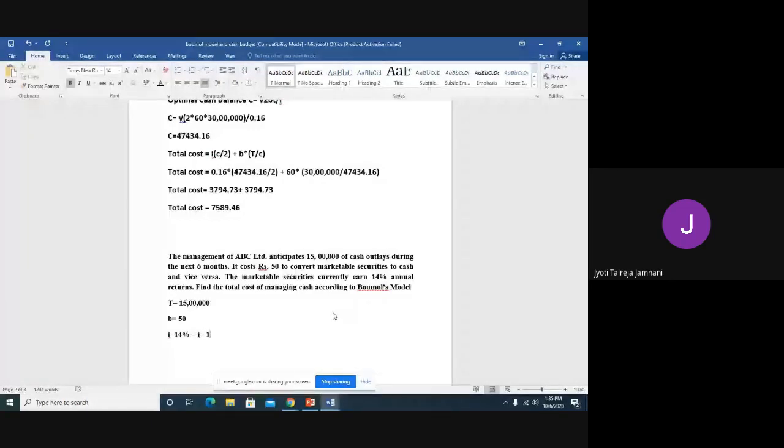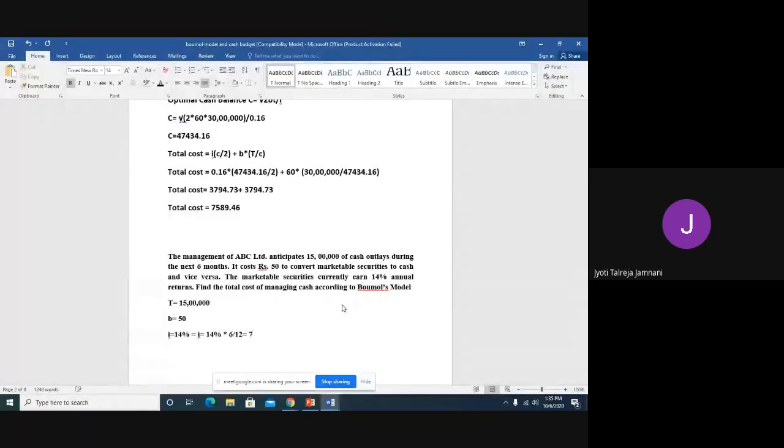We'll do 14% into 6 divided by 12. So in a year there are 12 months. If you do this, you will get the value of I for 6 months, which is equal to 7%. So when we solve the sum, we are going to take 7%, not 14%.